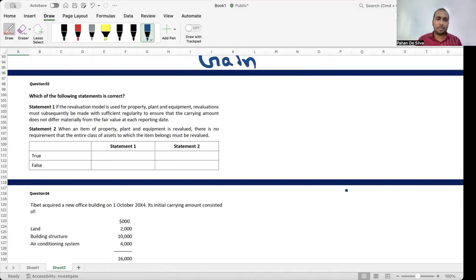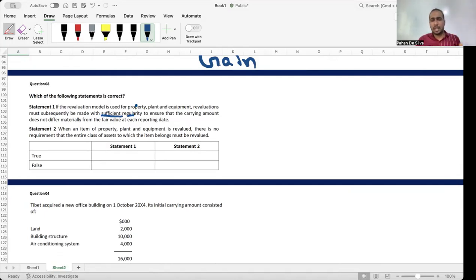Okay, so actually these are from accounting standard. The first one, if we are adopting revaluation model for our property, plant, and equipment, the basic rule is that we should perform the revaluation with sufficient regularity. There is no requirement to perform revaluation annually.